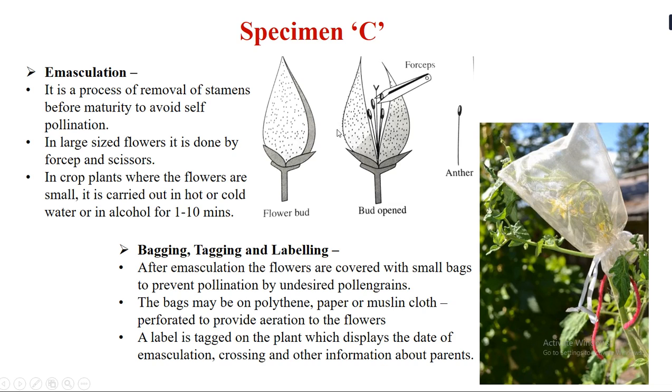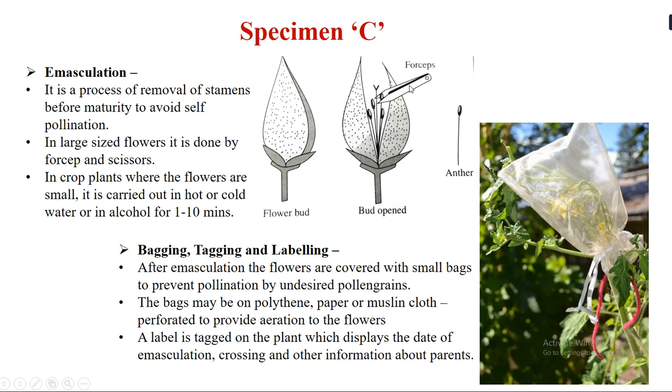When the flowers mature, before maturity, when it is in a bud condition, the stamens of that particular flower are removed. Why is the stamen removed? So that self-pollination doesn't take place. Now when there are large flowers, this is done using forceps and scissors.